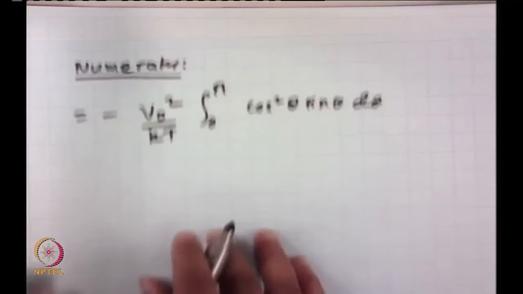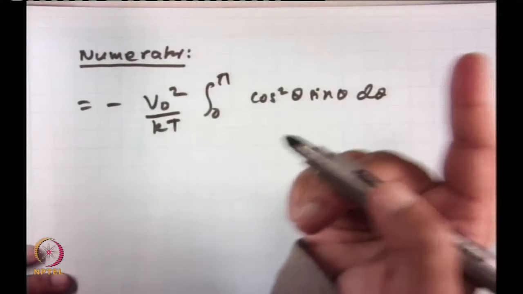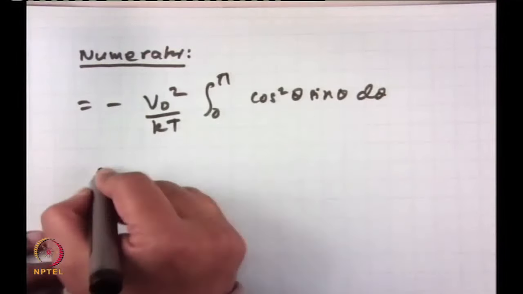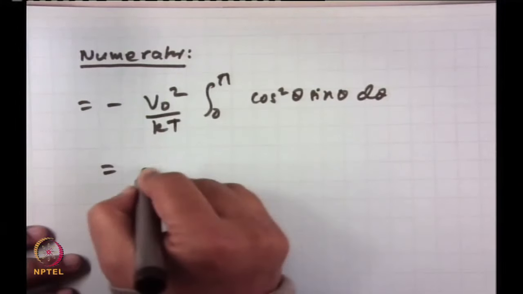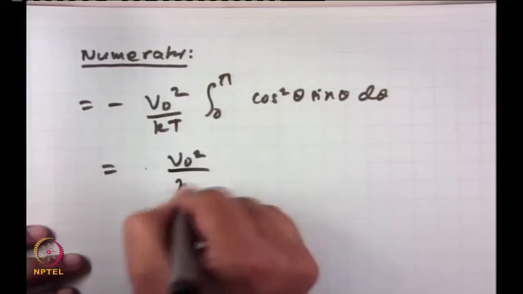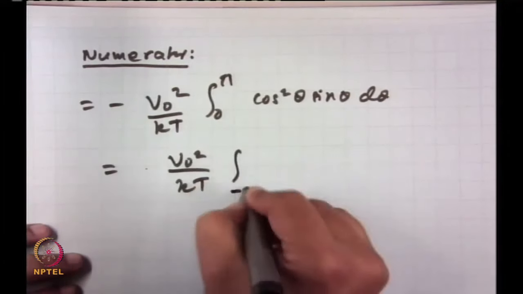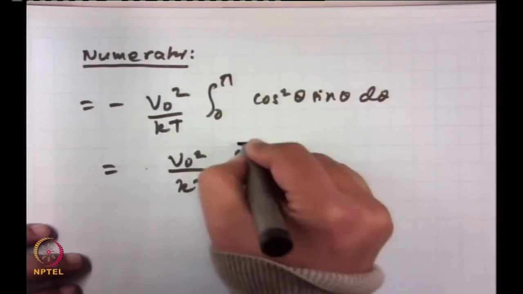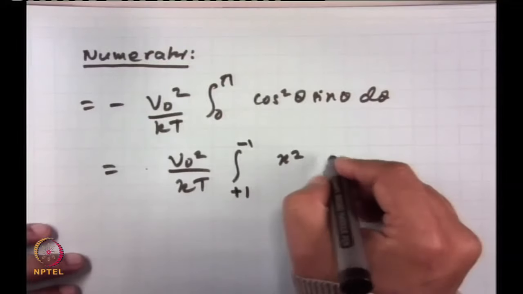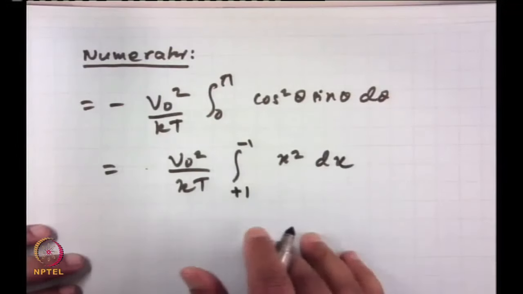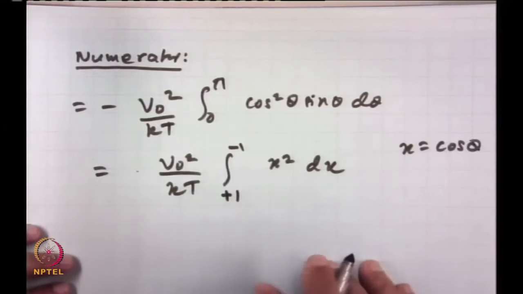How do I solve this one? I actually do the same principle again. I allow cosine of theta to be x, right, and this would become what? I can write V0 squared over kT, then plus 1 to minus 1 x square, then d of x, again putting x equal to cosine of theta.